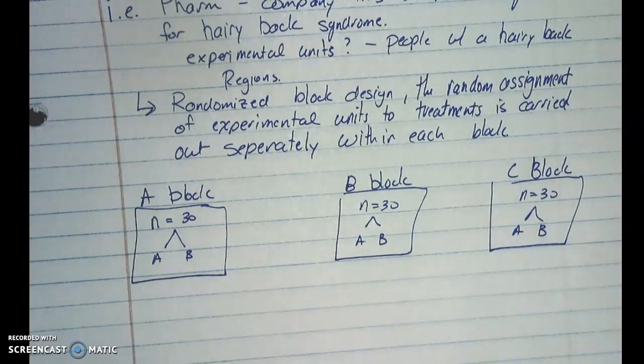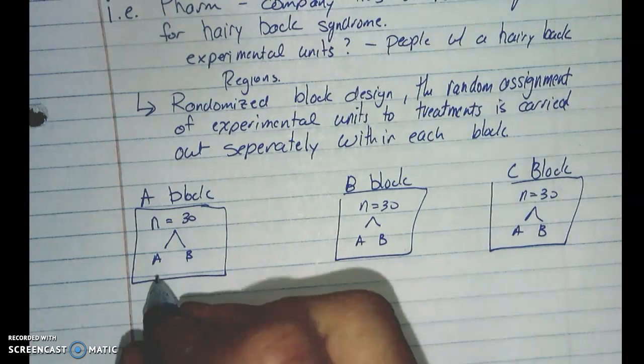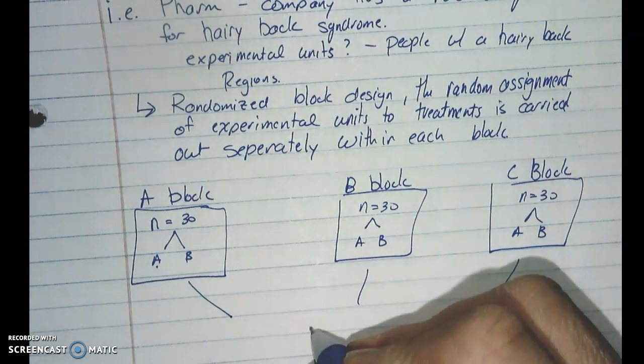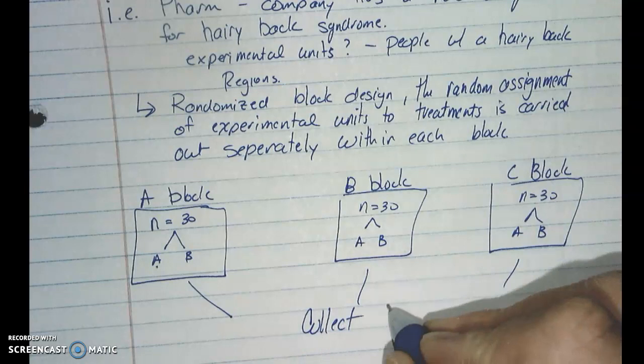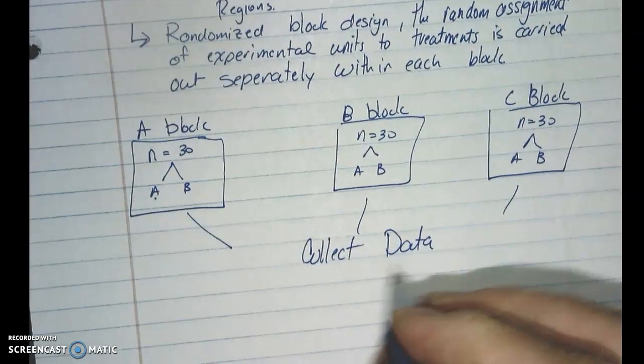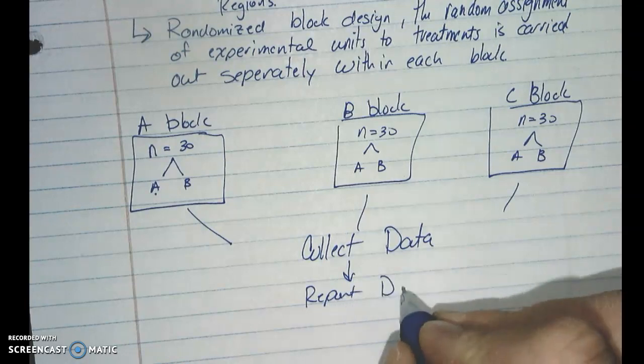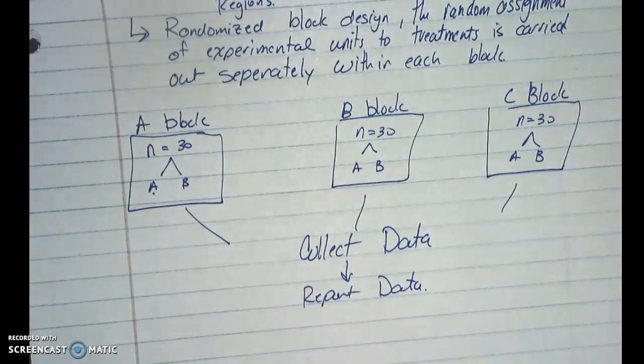We can make this as complicated as we want, but saying it's double blind makes it so people can't see into it. Then they do all their treatments, and at the end we collect the data and then we report our data.